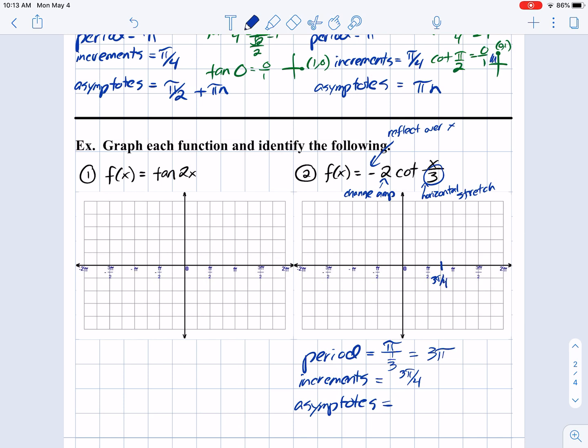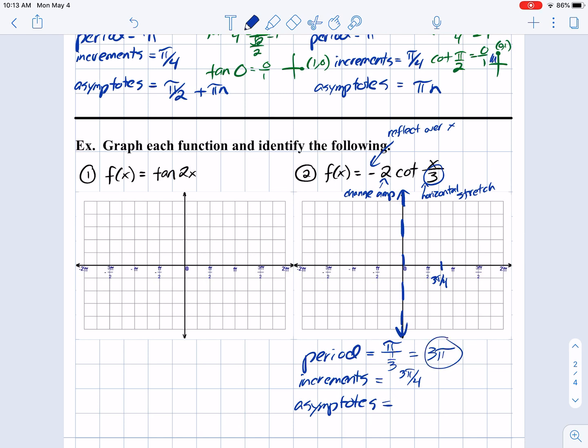And then our asymptotes. Remember for cotangent, our asymptotes are at pi n. That is going to change with this period length. So we know that we have a starting asymptote at 0 for cotangent. That doesn't change. We haven't shifted left or right at all. But our next asymptote is not going to be until the end of this period length.